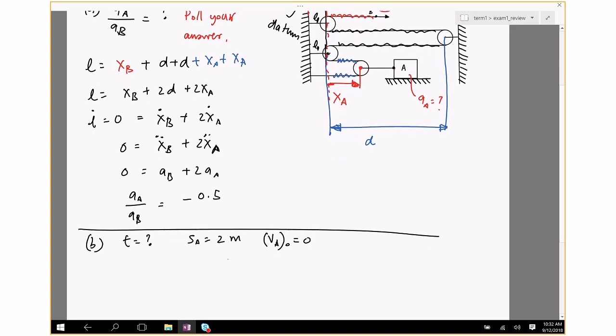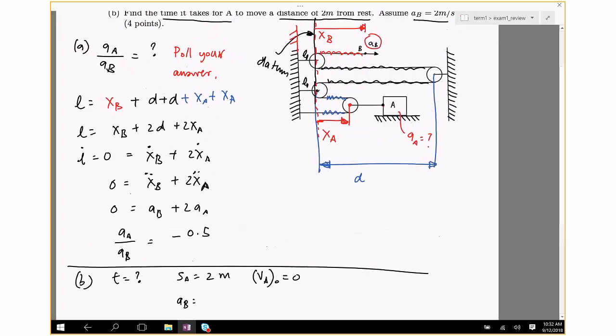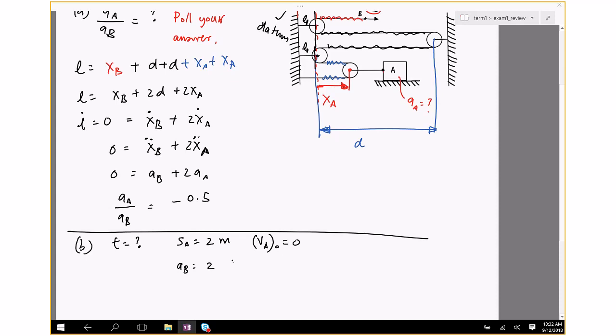And you're given acceleration of B, that's 2 meters per second squared. Now that we have an expression for acceleration of A in terms of B, acceleration of A is minus 0.5 times AB, which is minus 0.5 times 2, which is minus 1. The minus indicates that when B moves to the right, A is moving to the left.